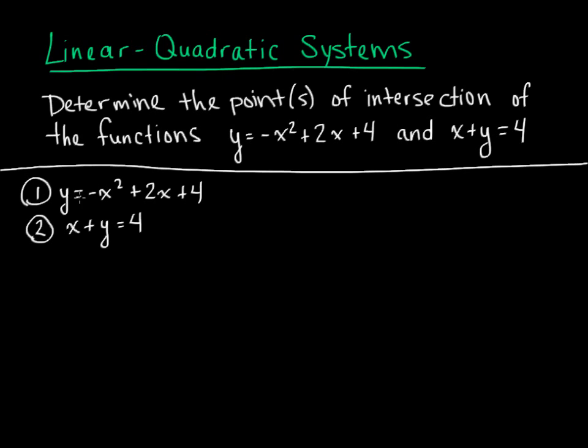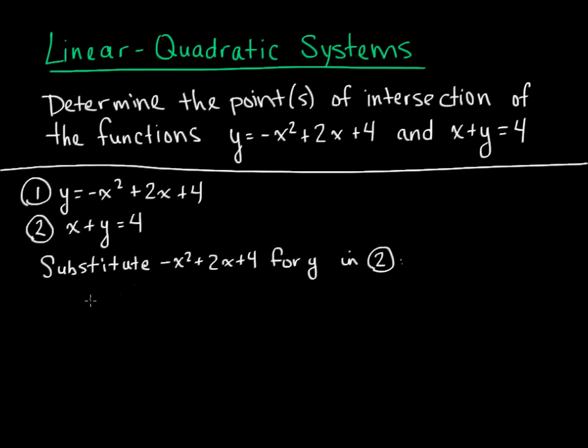Now, since we know that y is equal to this expression that's on the right-hand side of that equation, we can use that expression in place of y in the second equation. So what we're going to do, this is the first substitution step, we're going to substitute negative x squared plus 2x plus 4 in place of y in equation 2.